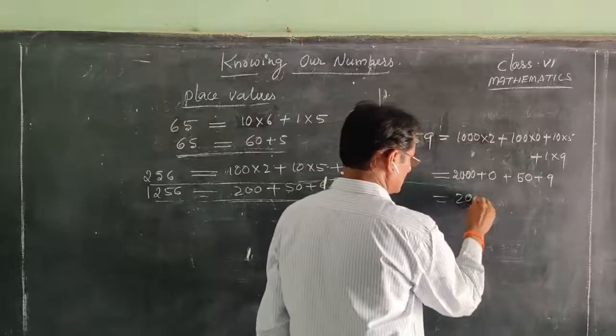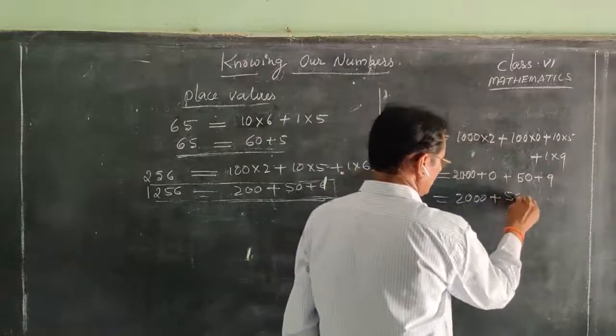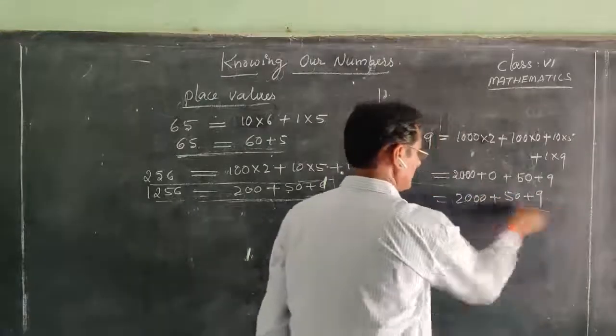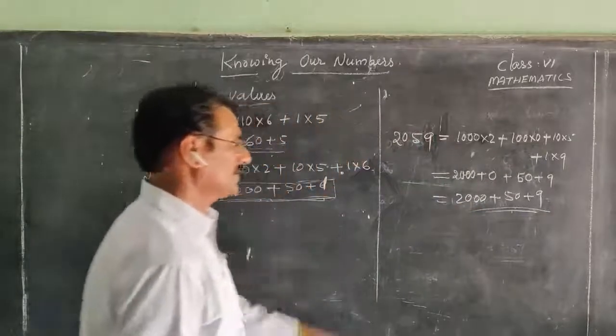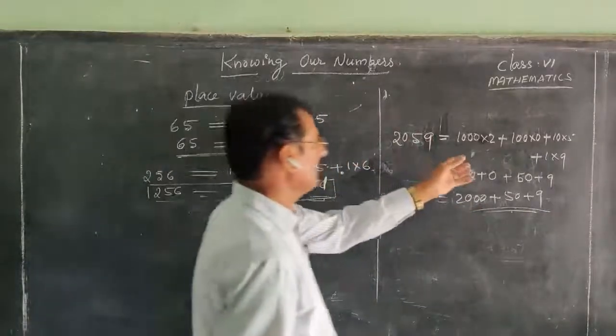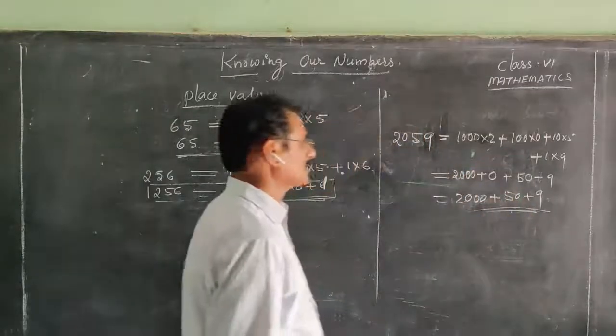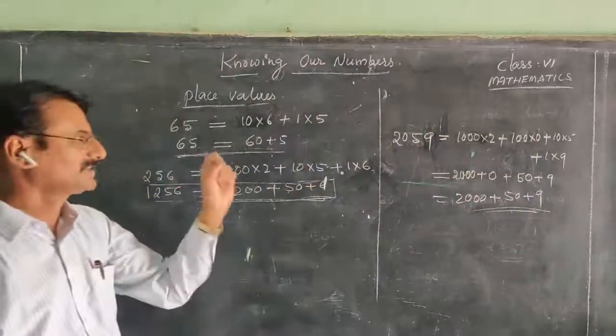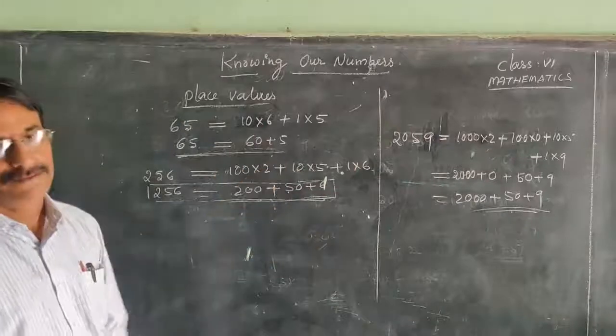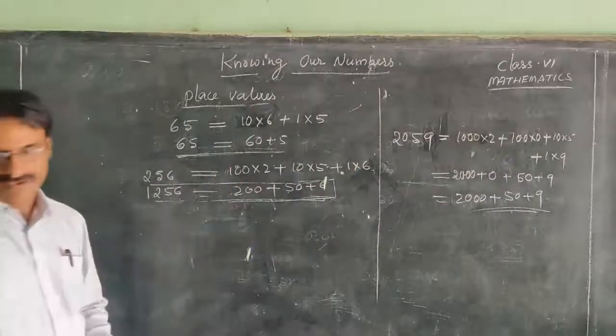We can write it like this: 2000 plus 50 plus 9. Only 3 places are there. There is no hundreds term because there is a 0 digit in that place.